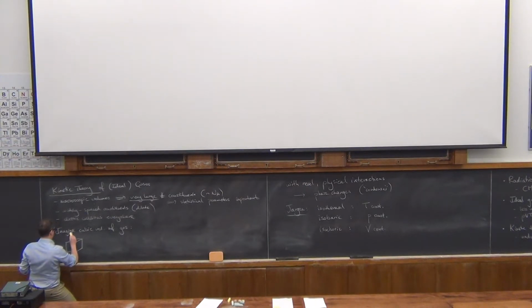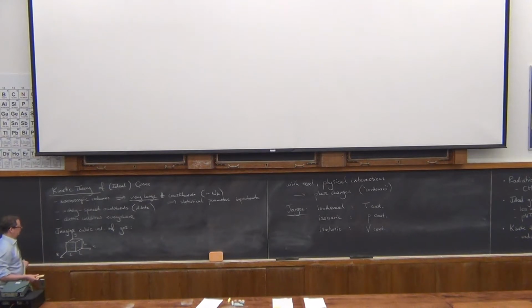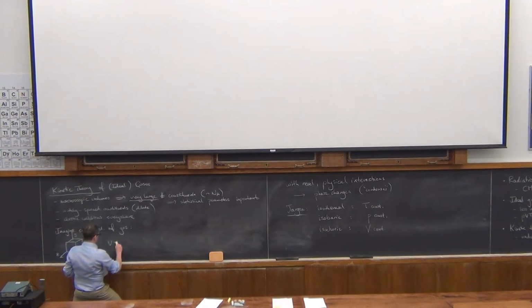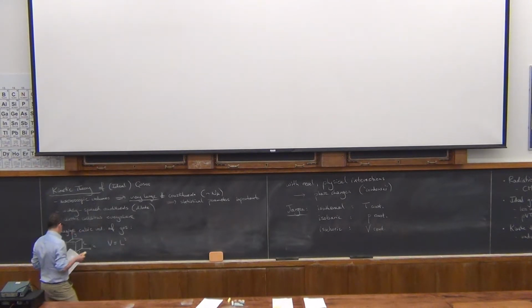Okay, so y, x, and z. So that's what's making up our cube, and this cube has a side of length L, so it's an L by L by L cube. So volume is simply L cubed.